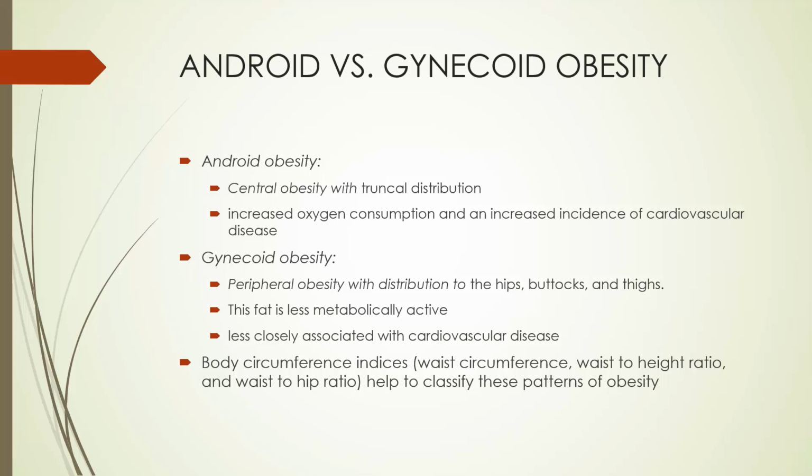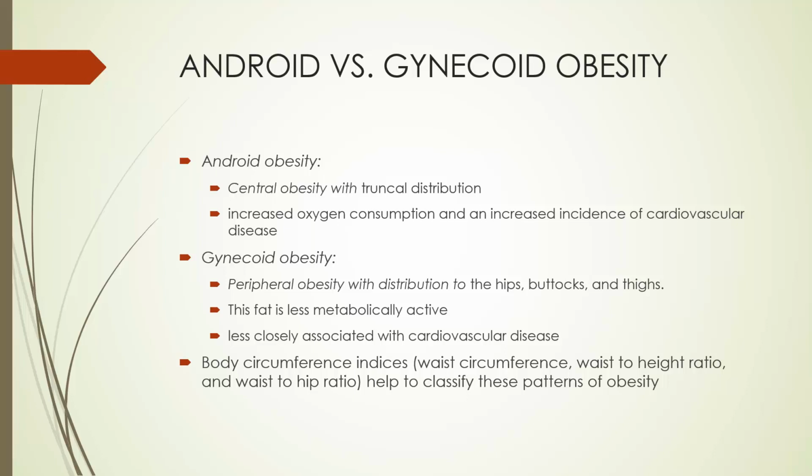The anatomic distribution of body fat has associated pathophysiologic implications too. In android obesity, or central obesity, adipose tissue is pretty much located in the upper body, in a truncal distribution. It's associated with increased oxygen consumption and increased incidence of cardiovascular disease.